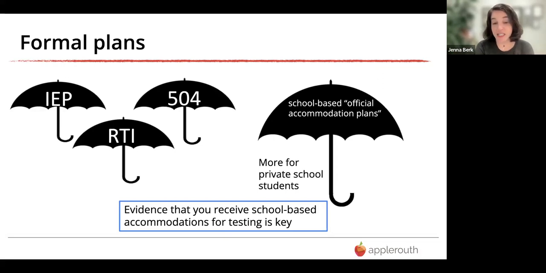If you are interested in taking the SAT or the ACT, or if you are looking to get into a private high school and your student is currently a middle schooler, you may want to get accommodations so that they're able to have accommodations on the SSAT or the ISEE or the HSPT. It's definitely an alphabet soup this evening, but getting those school-based accommodations can help prove your case that you get these accommodations at school. So now I would like them for this test.